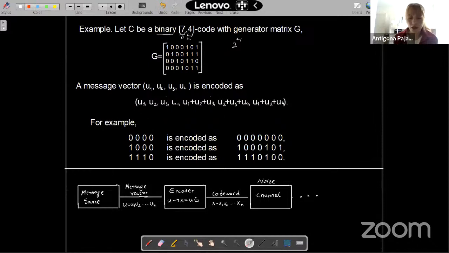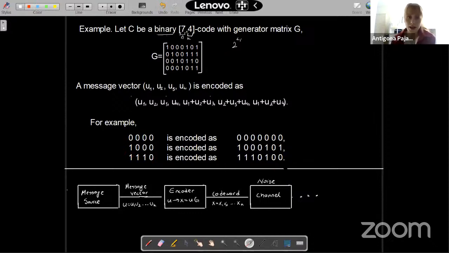For example, if the message is 0, 0, 0, 0, so this is U1, U2, U3, U4, I substitute them here, and I will get the all-zero vector. The same idea goes with 1, 0, 0, 0, which is encoded by just writing U1 equal to 1, and the other U's equal to 0. I will get this one, and the same idea with the third one.